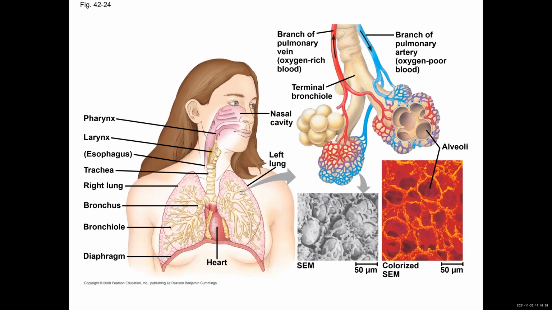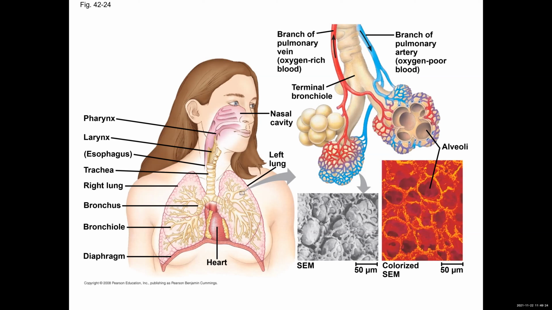This looks like there are all these separate little grape clustery things, but when we actually slice into the lung, it really looks more spongy. It's hard to tell all these little tubes apart from one another, and they're really packed together. All right, so that is the basic structure of the mammalian lung.